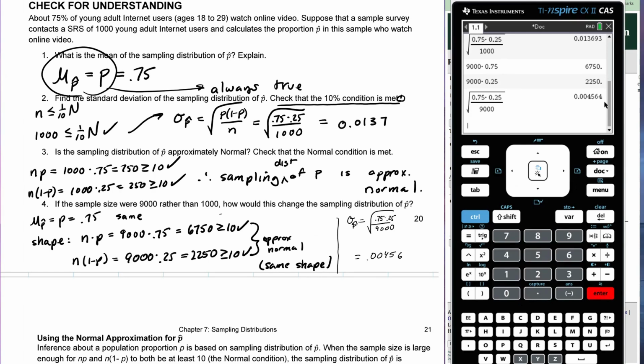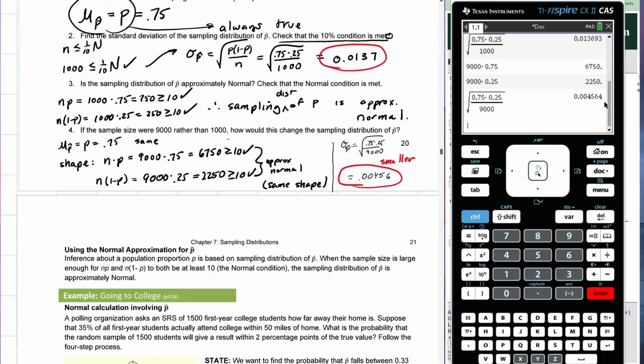How does that compare to the other standard deviation? The other standard deviation was a little over 1%. This is less than 0.5%. That's a substantial decrease in the standard deviation. Are we surprised? No, we are not surprised that this is smaller, because as sample size increases, the variability in the sampling distribution decreases.